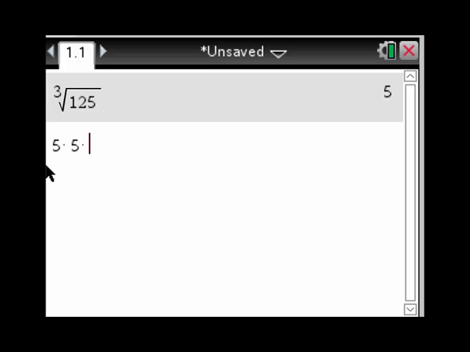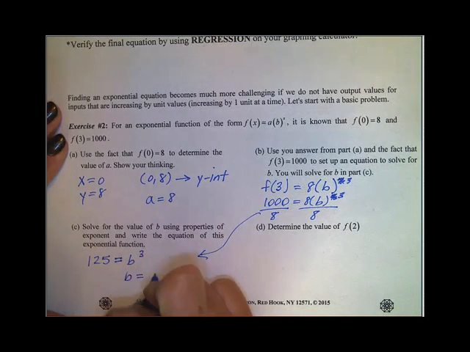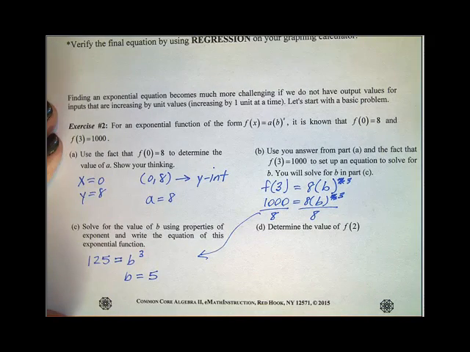So just like a square root undoes a squared, a cube root, that's what that 3 means, undoes a cube of 125, and hit enter. So 5 times 5 times 5 must equal 125, and it does. So 3 5s being multiplied gives me what's underneath my radical, 125. So b equals 5.